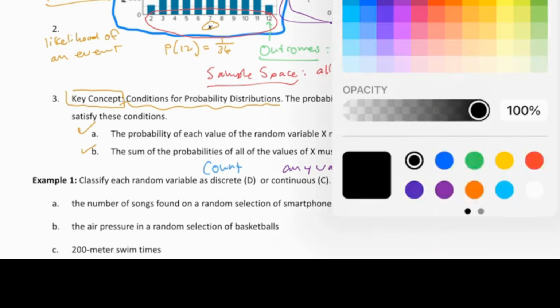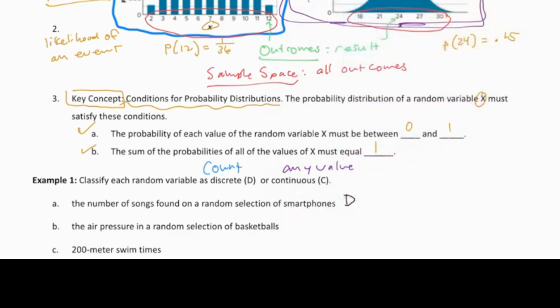All right, let's go ahead and try the second one. The air pressure in a random selection of basketballs. Well, let's just say I go up to a basketball and it measures, I don't know, 7.5. Or it can be 8.2. It can be 9.9 pounds per square inch.